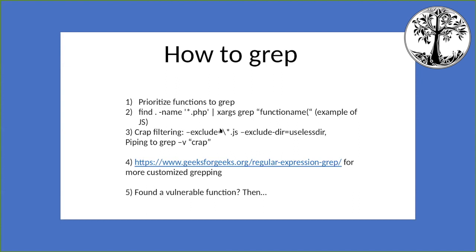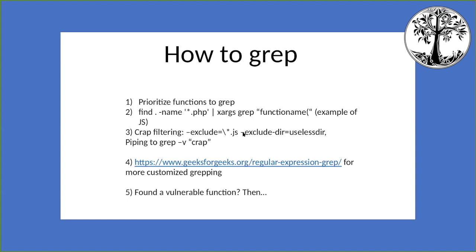Because, for example, with an eval function in JS, many JS files don't have spaces. They are all just one bunch of JavaScript, so they screw your screen a lot. So when you're grepping for an eval function, you should definitely use this.